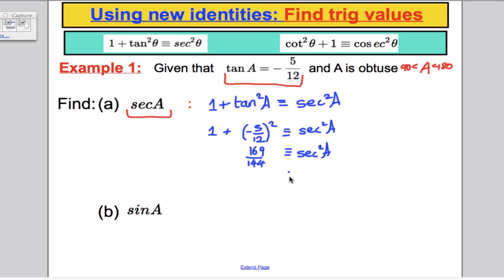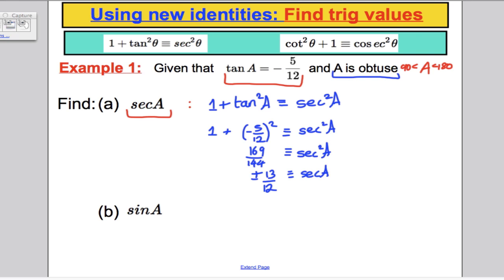And taking square roots of both sides, we find that sec A is one of two things. It's plus or minus 13 over 12. Now the question is, which one is it? It tells us in the question that A is obtuse.